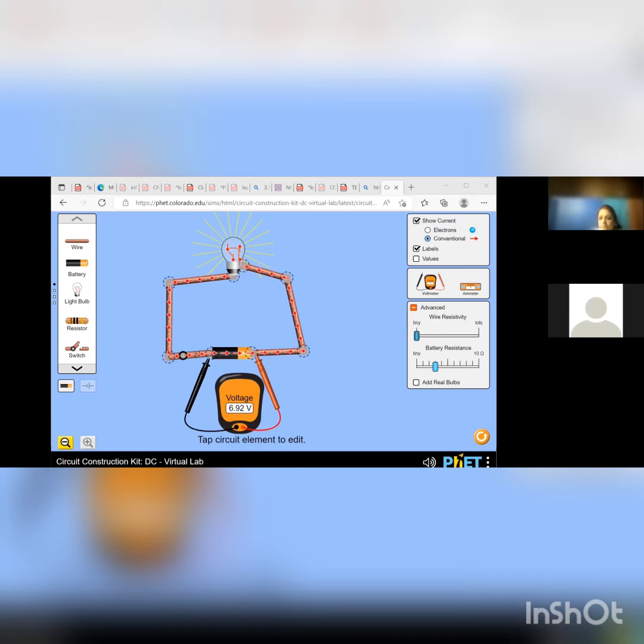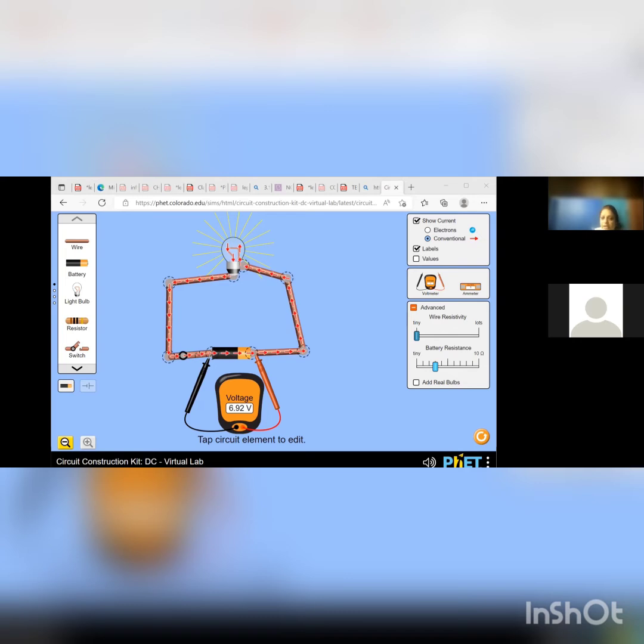When current is drawn from the cell, or there is current in circuit, or closed circuit. It's a closed circuit.